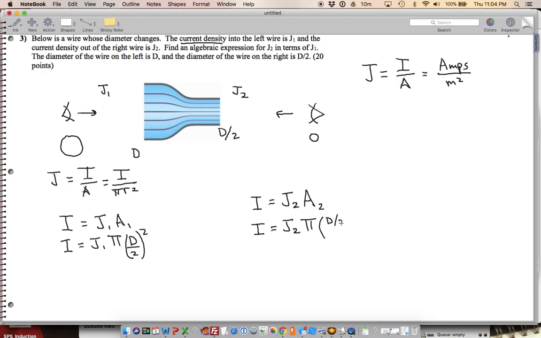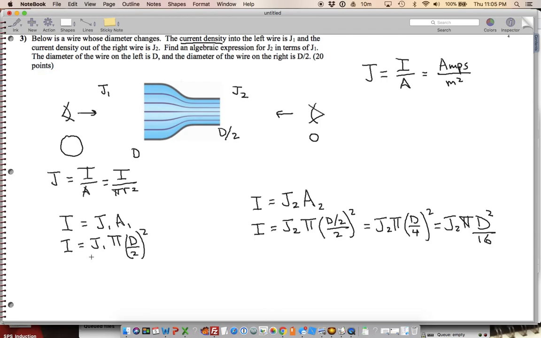That's my diameter on the right, but I need the radius, so I divide by 2 again. So my current is going to equal J2 pi times d over 4, squared, and that's J2 times pi times d squared over 16.